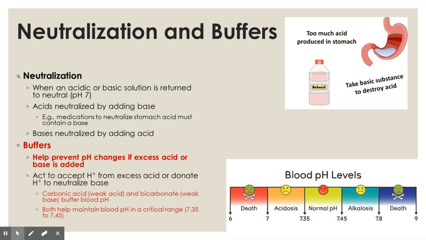If it gets too basic, you will die. So your body has a way to use carbonic acid or bicarbonate to keep this normal pH of about 7.35 to 7.45, depending on your activities, what you eat, or if anything is wrong and you have a disease. That's what those are for.